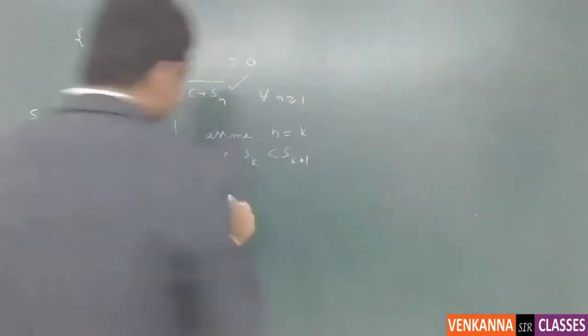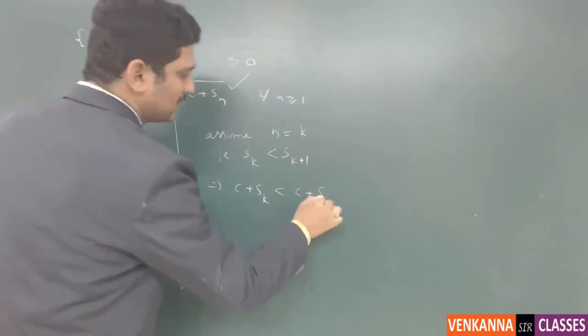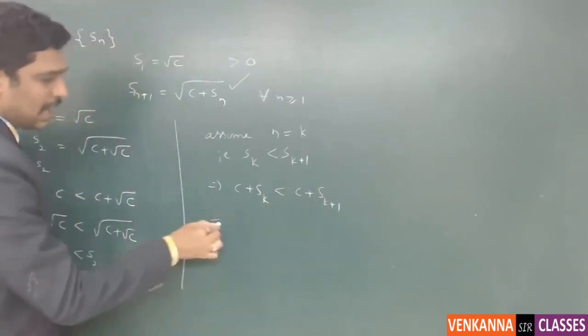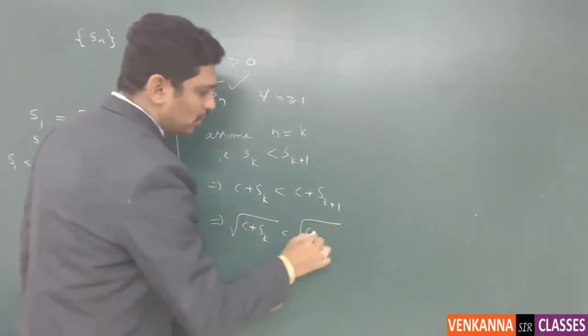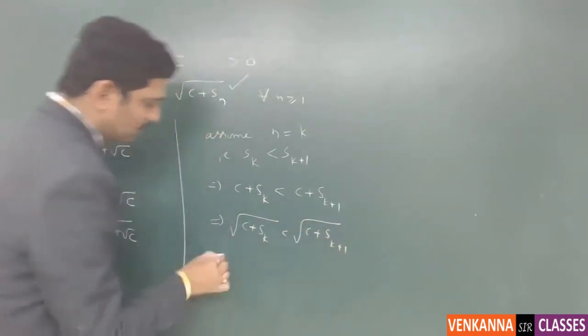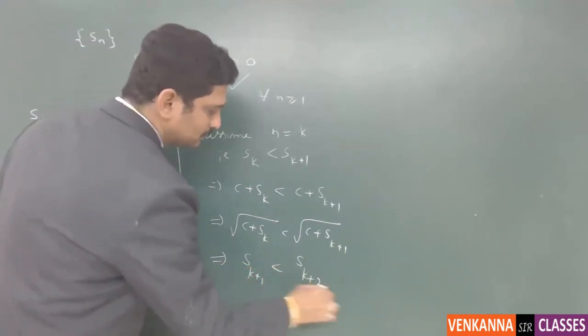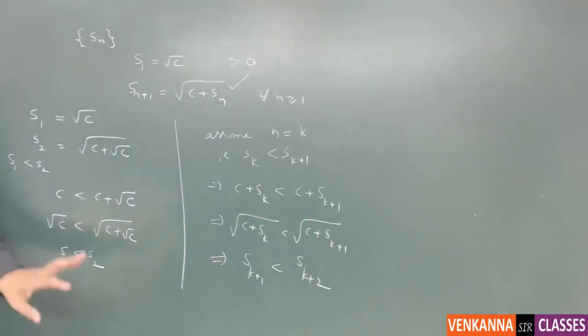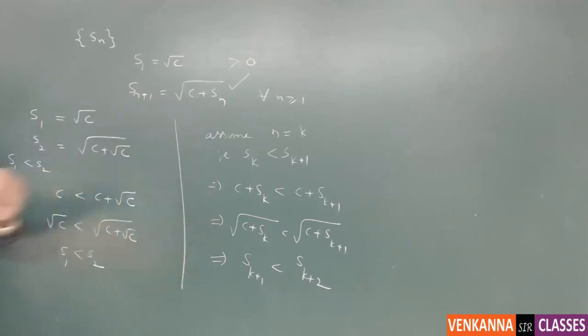So taking that, c plus sk is less than c plus sk plus 1. Applying the square root, root of c plus sk is less than root of c plus sk plus 1, which gives that sk plus 1 is less than sk plus 2. If you clearly observe the pattern of the recursive formula, you can apply induction very easily. So by mathematical induction, we say that the sequence is increasing.